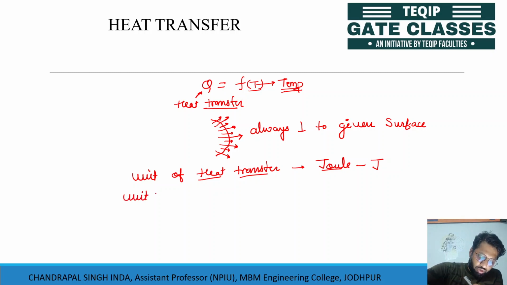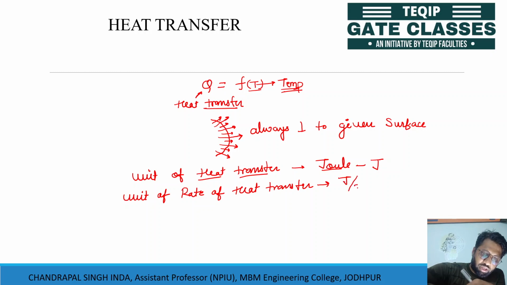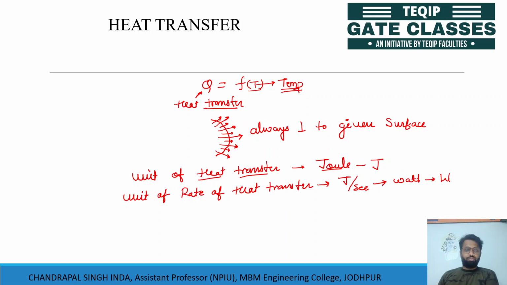Next, the unit of rate of heat transfer is joule per second, denoted by watt or capital W.